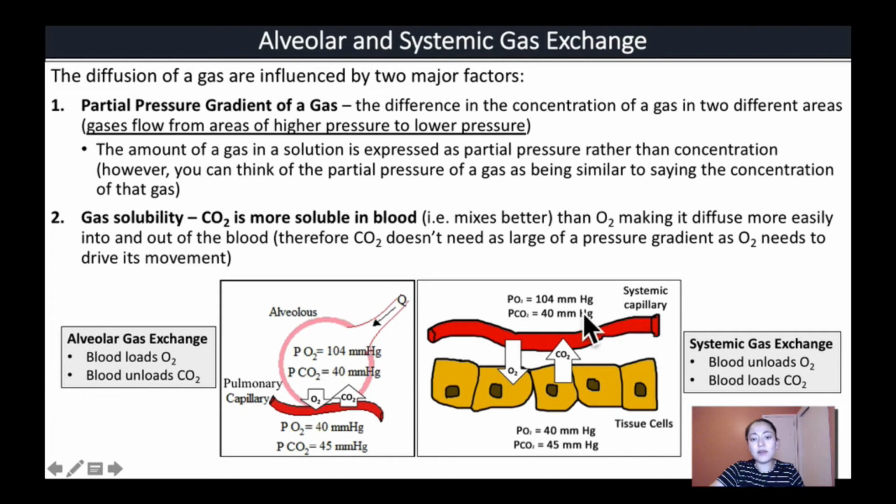Okay, and you see the same thing happening at systemic gas exchange. You have a very big gradient of oxygen to drive the movement of oxygen, whereas the carbon dioxide, again, has a very small gradient. It doesn't need a huge partial pressure difference to drive its movement.